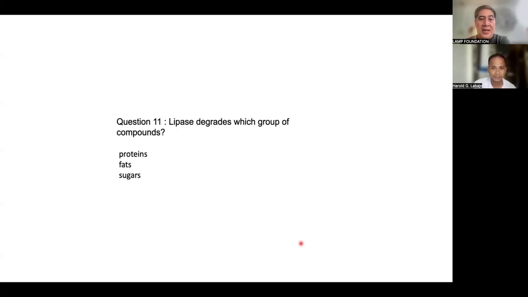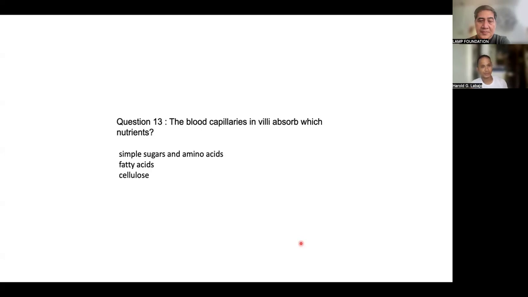Peptides. Lipase degrades which group of compounds? Fats. Where does protein degradation take place? In the stomach. The blood capillaries in villi absorb which nutrients? Simple sugars and amino acids.